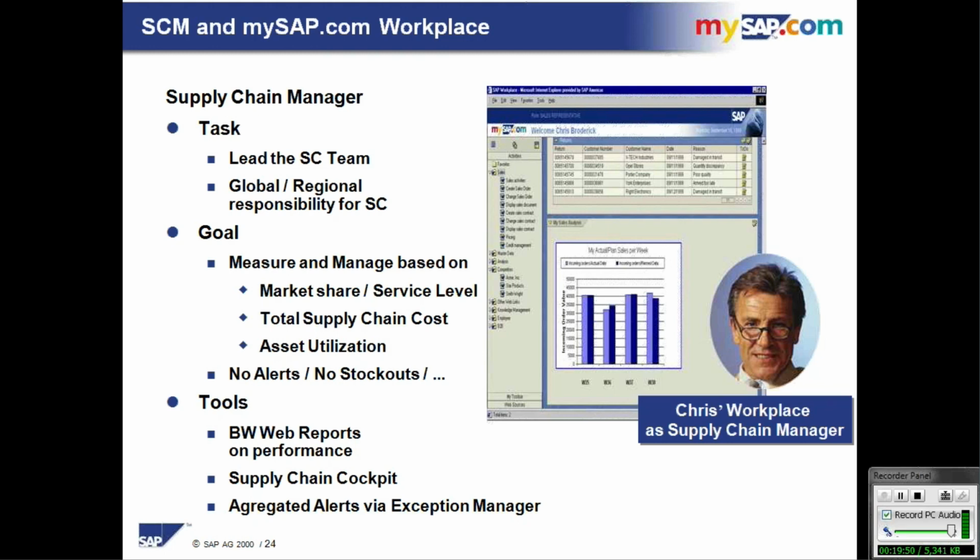And he will use the BW for the reporting. It is just a role of the supply chain manager, additional information, and it's not unique for all organizations. It is just an idea of what the supply chain manager will do.